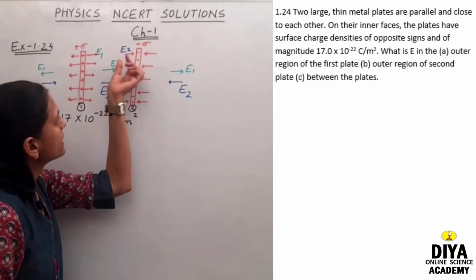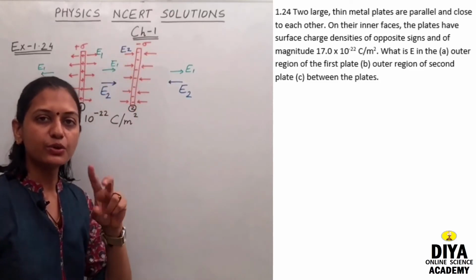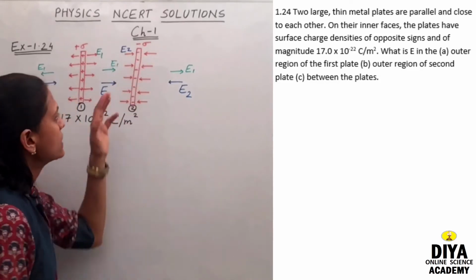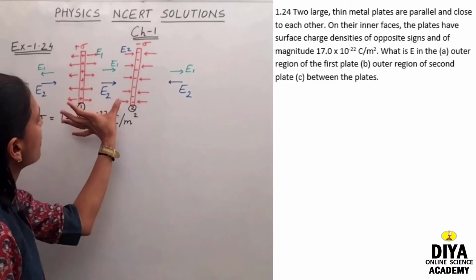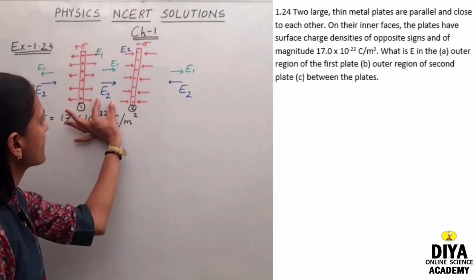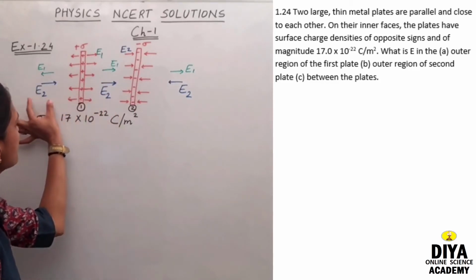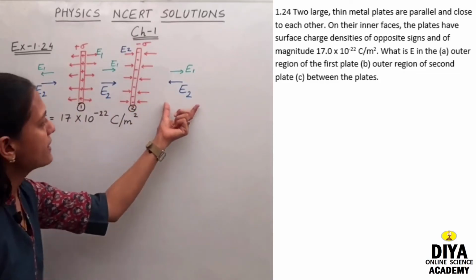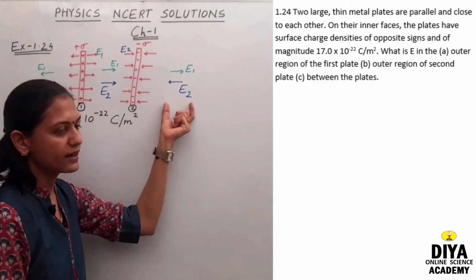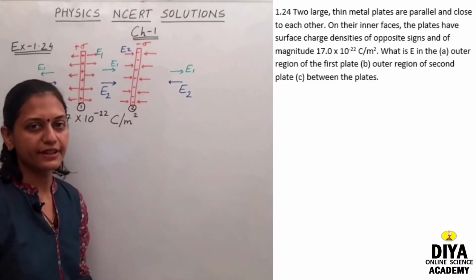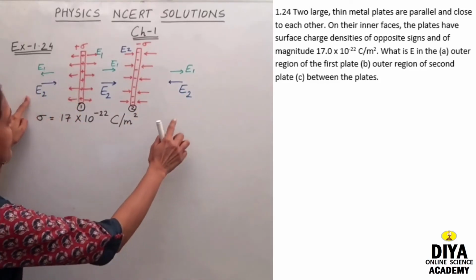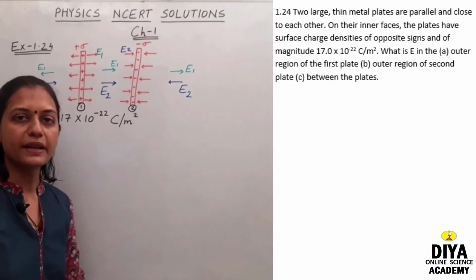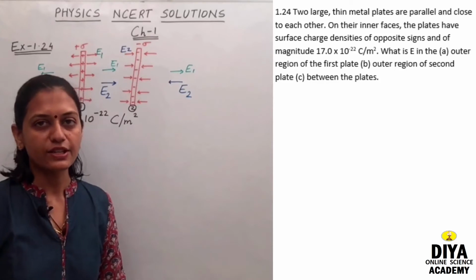Similarly, E2 is the electric field generated due to the second plate, that would be towards the plate. So in between the region of the two plates, it would look like this. E2 would be in this direction, E2 over here on the left of the first plate would be here, and E2 would be in this direction on the left hand side. So it is clear that E1 and E2 on the outer regions of both the plates are in opposite direction.